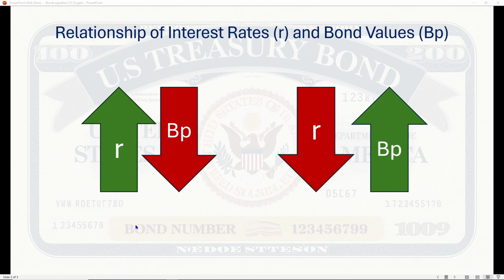And lastly, we have a visual representation of the inverse relationship between bonds and interest rates. As the prevailing market interest rate increases, the price of bonds decrease. But as interest rates drop, the value of our bonds goes up.